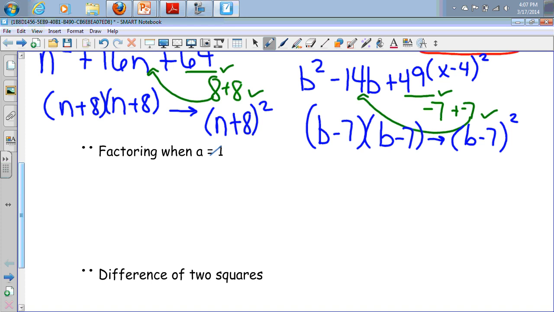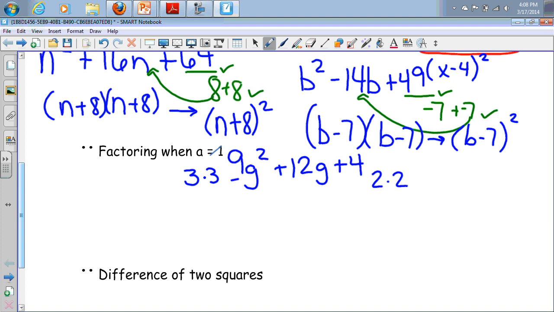This covers example 2. So I have 9g squared plus 12g plus 4. Okay, is 9 a perfect square? Yes. 3 times 3. Is 4 a perfect square? Yes. 2 times 2. So when I get ready to match, I'm going to take 3 times 2. What is that? 6.